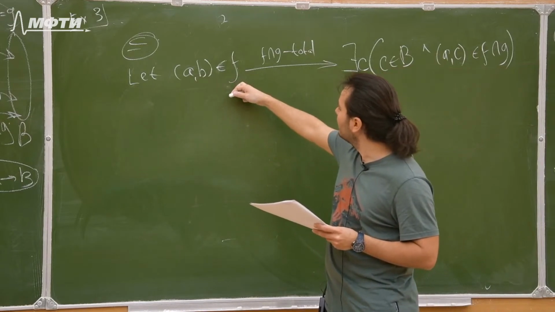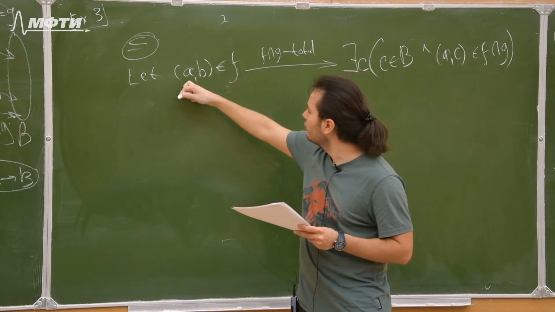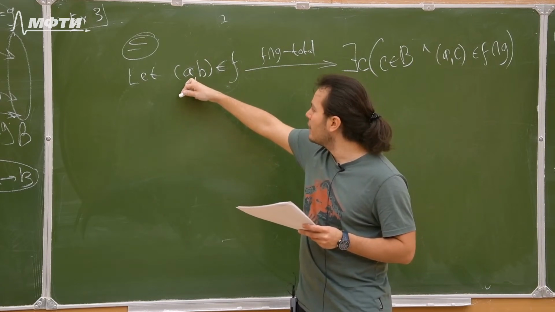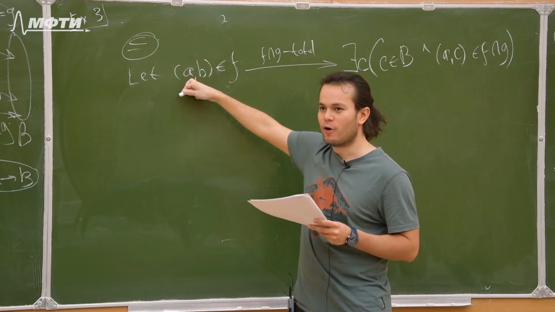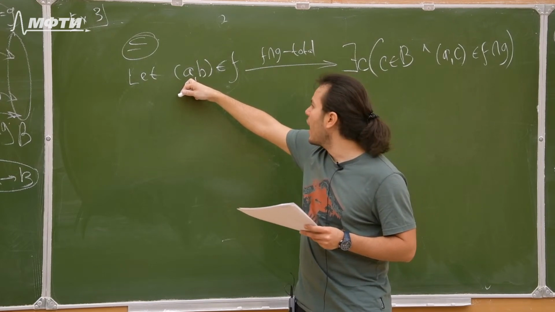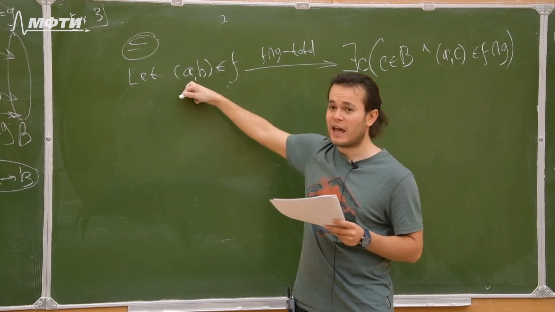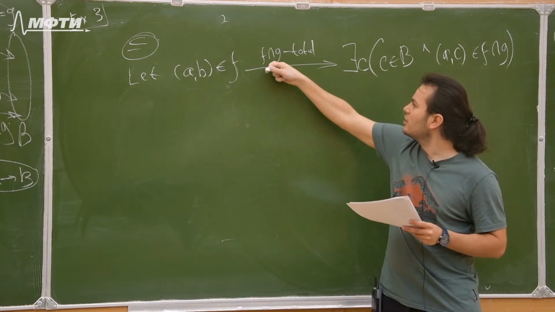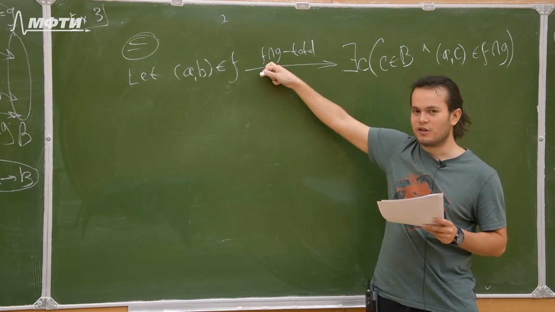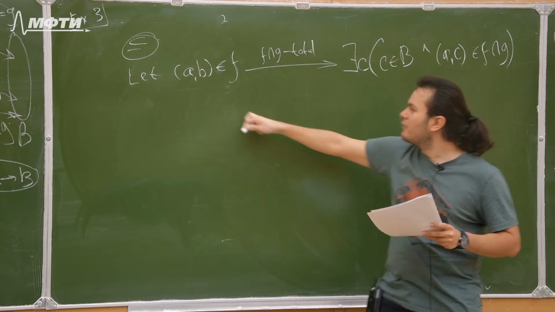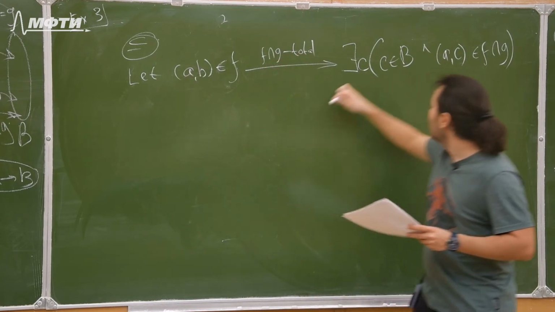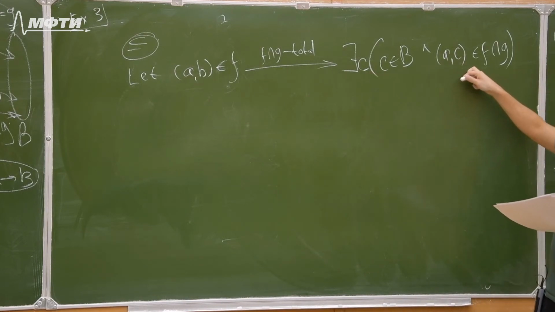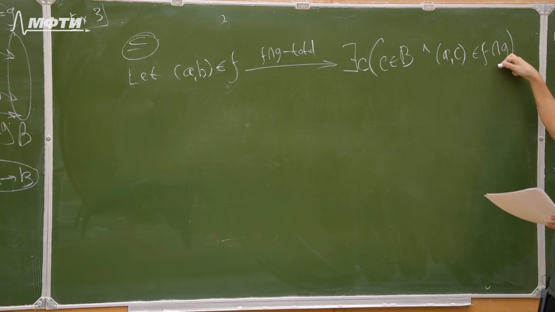Again, f is a function from A to B. So for all the elements a from capital A, we have defined these ordered pairs (a, b). Now, since this intersection is a function, then it's total. It means that for this a here, there exists some c in B such that (a, c) is an element of this function.